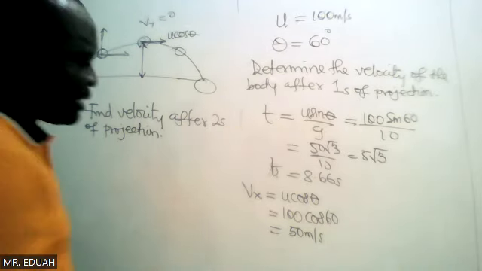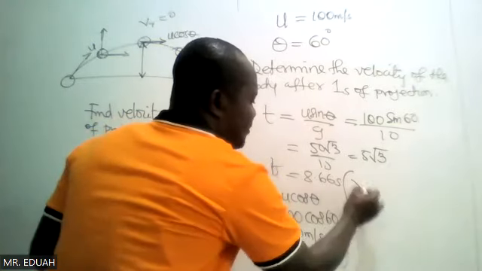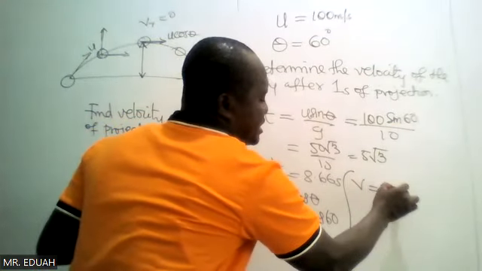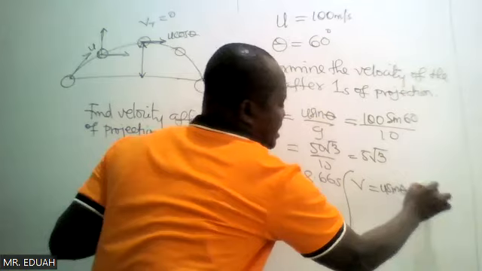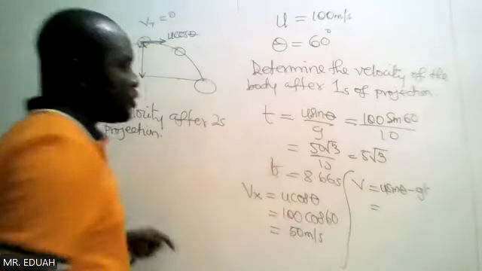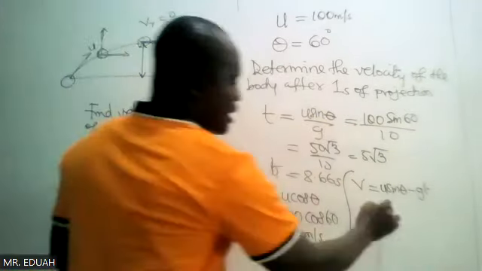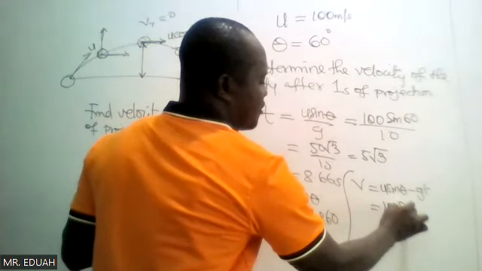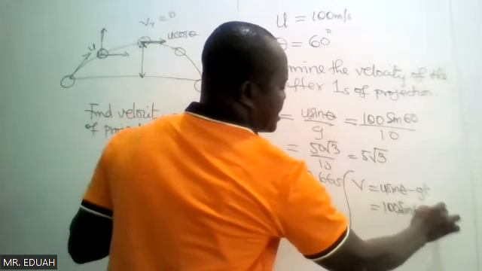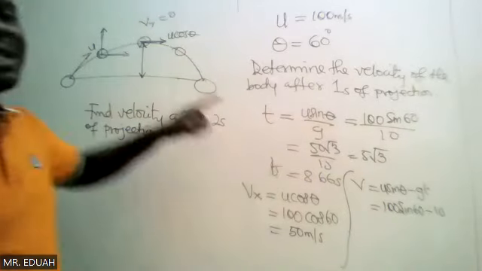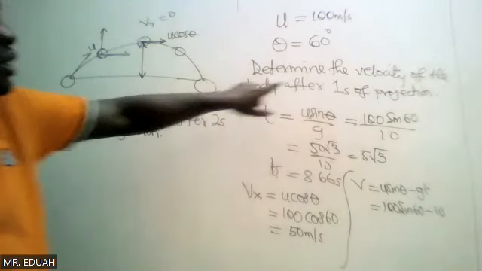The vertical one can be determined by v is equal to u sine theta minus gt.